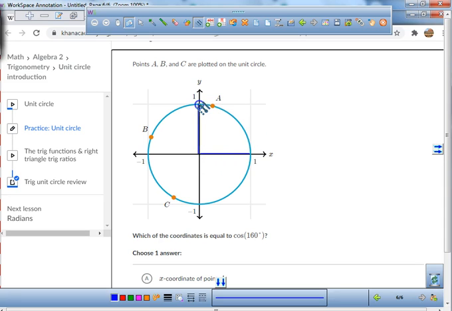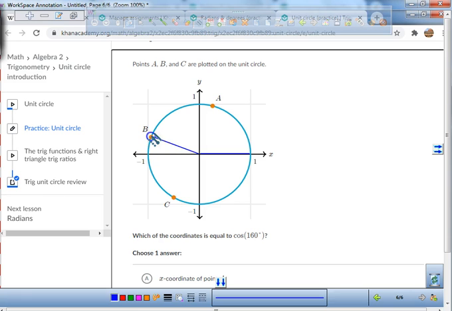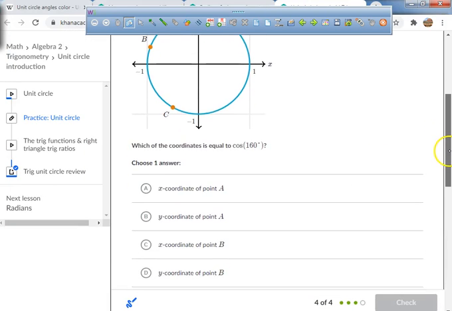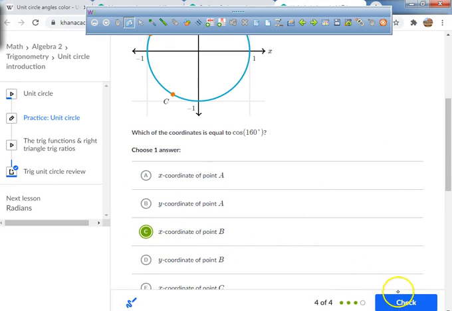So how far have I traveled right there? 90. How far have I traveled right there? So 160 would be right there. So I'm going to say the cosine of 160 is my x value, right? Which coordinate represents the x point of B? The x coordinate of B. There you go.